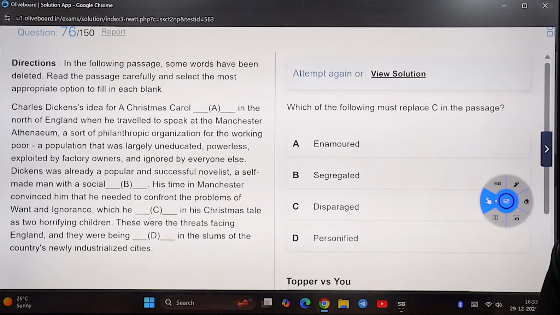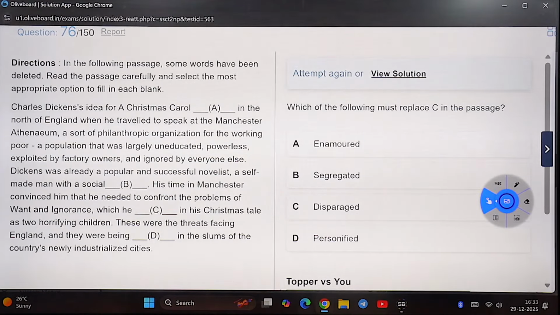Which he strayed. Vaishnavi, what's your answer?